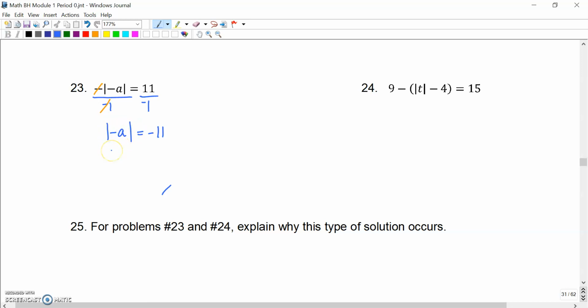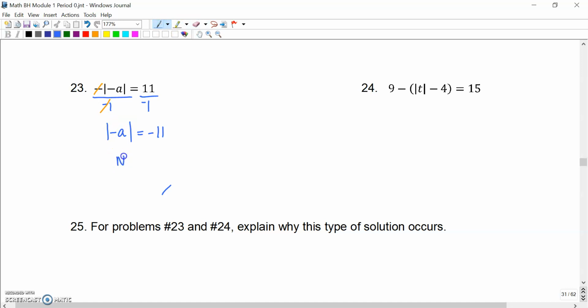Next step, we're going to look at this, and this is essentially asking, let's cover this up. I need a number that is negative 11 units away from 0. Doesn't matter what's inside right now. I need a number that is negative 11 units away from 0. When we wrote the definition of absolute value, we stated that it had to be positive.